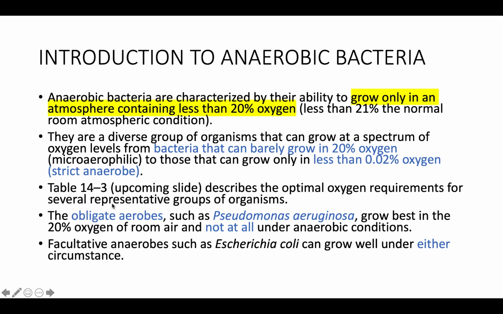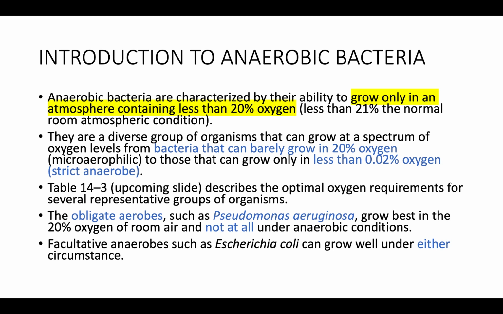The second slide that we come to describes these conditions. On the contrary, there are obligate aerobes, such as Pseudomonas aeruginosa, which grows best in room air oxygen, and they do not grow at all under less than 20% oxygen.